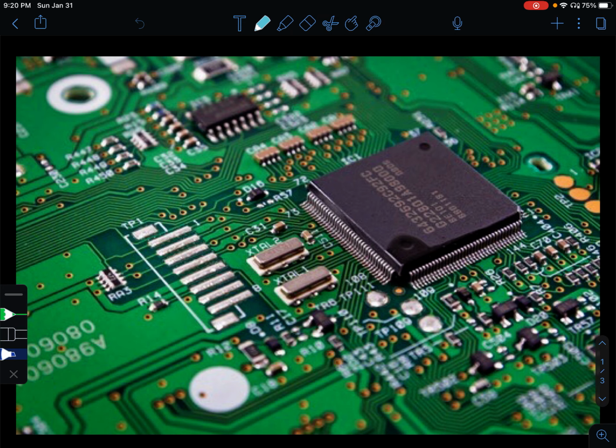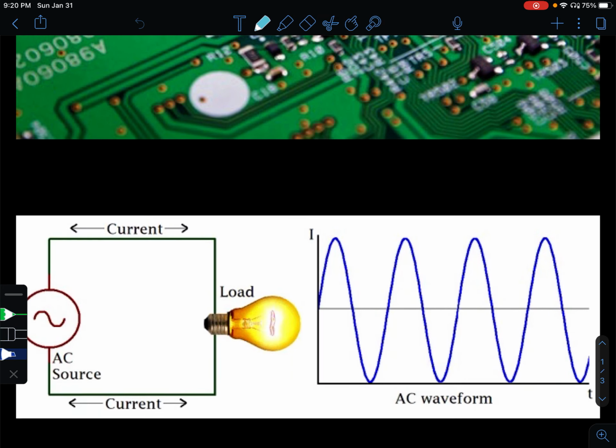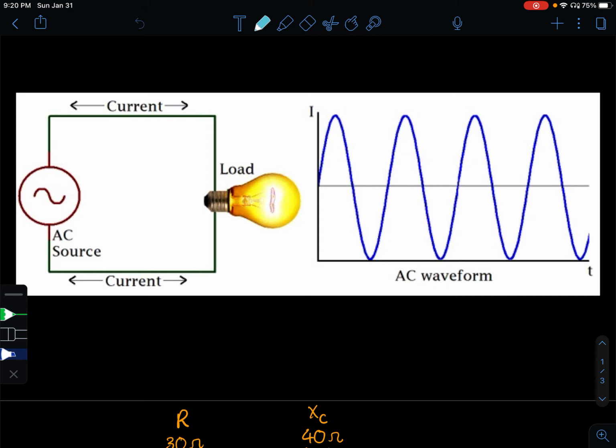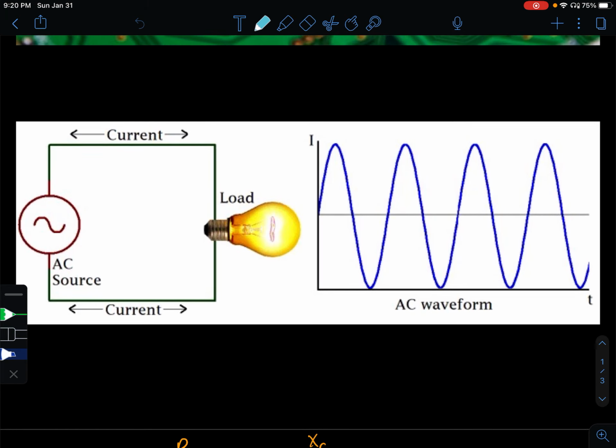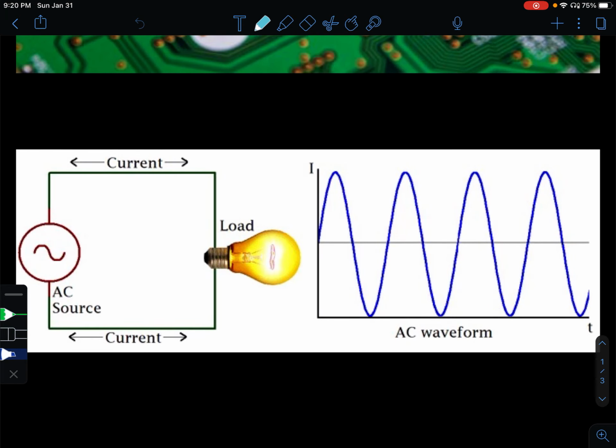Now, a smaller version would be an AC circuit, which is the thing down here. On the left, you can see an example where an AC circuit is powering a light bulb. And on the right is a graph of the frequencies, the electricity frequency graph that's being plotted.